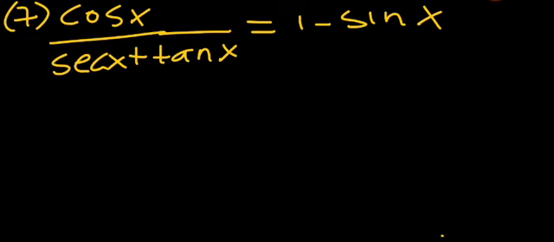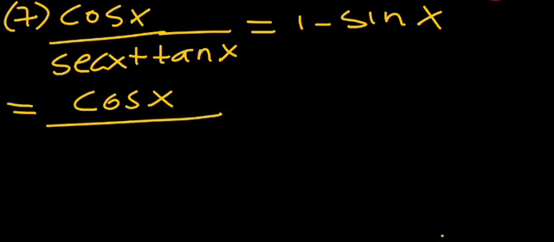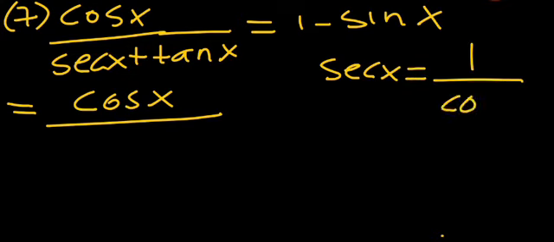So let us rewrite cos x over secant x plus tan x. Cos x is going to remain the same. Then for secant x, we are going to use the inverse trigonometric identities. We know that secant x is equal to 1 over cos x.